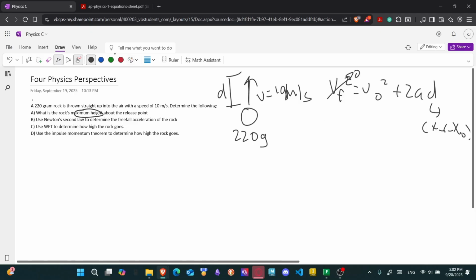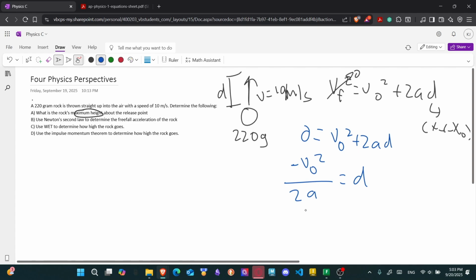So we would get 0 is equal to v initial squared plus 2ad. Since we're looking for the maximum height, that's d, you subtract v initial squared to the other side, and divide by 2a, equal to d.